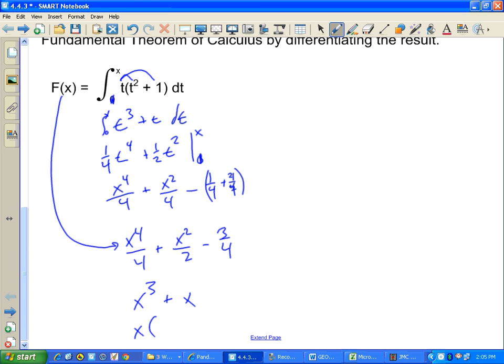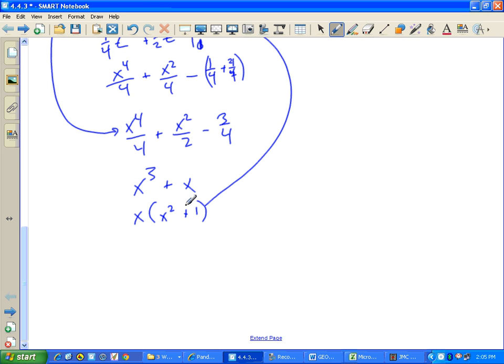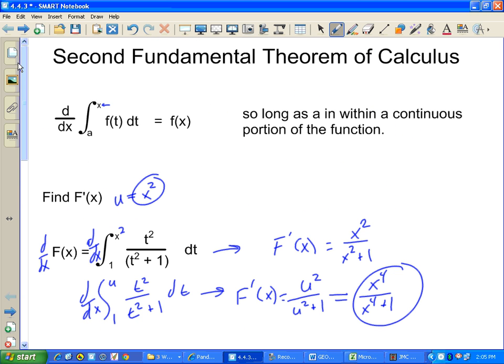And this, of course, can be rewritten as this, which is what I started with. So those are two uses of the second fundamental theorem of calculus, and that covers what you'll be required to do.